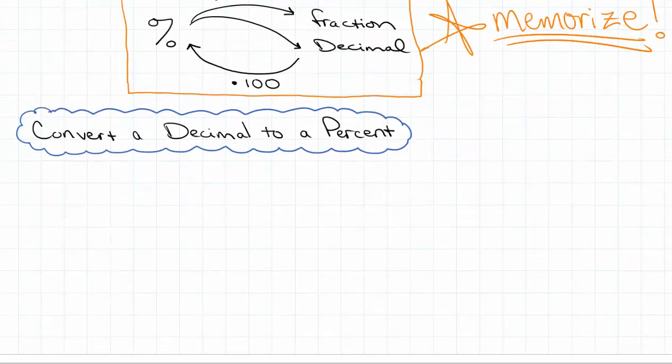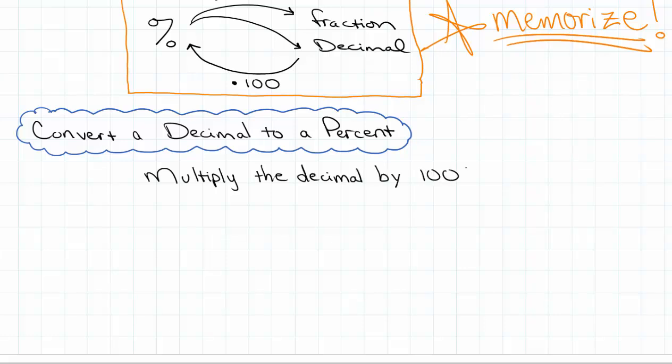To convert a decimal to a percent, you are going to multiply the decimal by 100%.